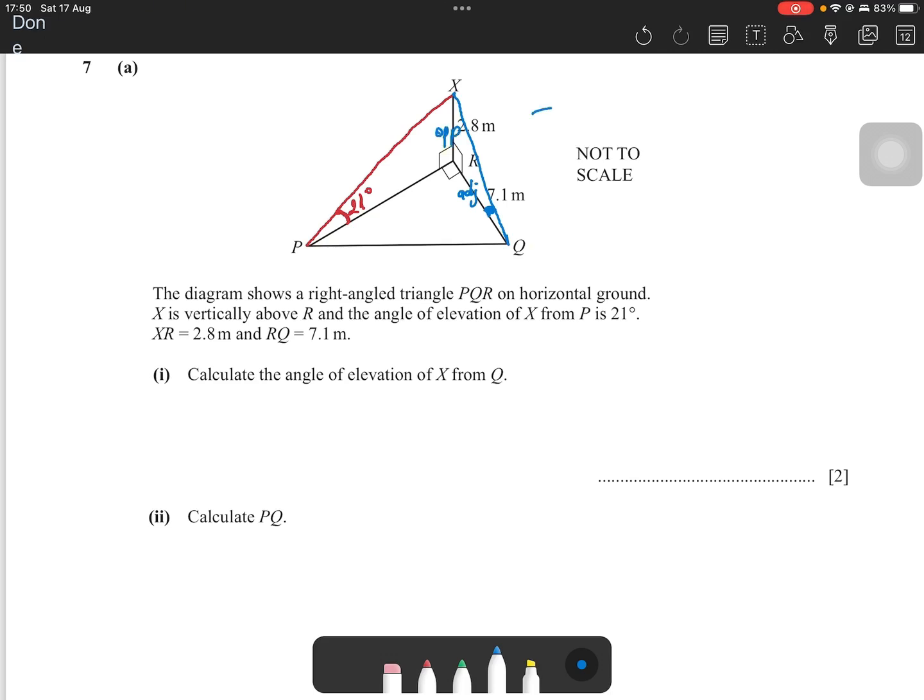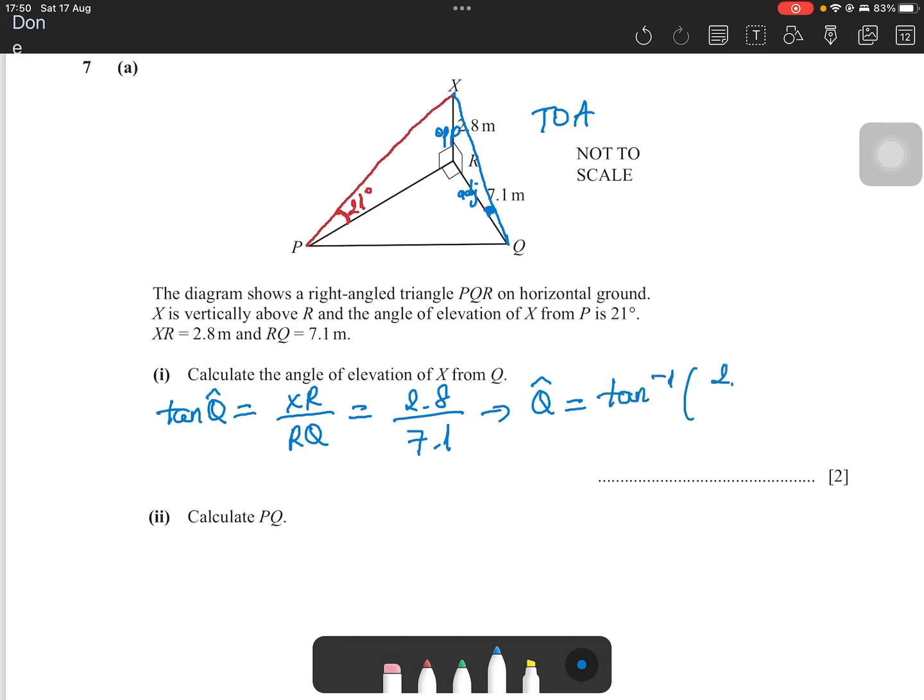So we use TOA, which means tan Q is equal to opposite XR over adjacent RQ, which is 2.8 over 7.1. So to find the angle Q, we find the inverse of tan 2.8 over 7.1. So the answer is 21.5 degrees.